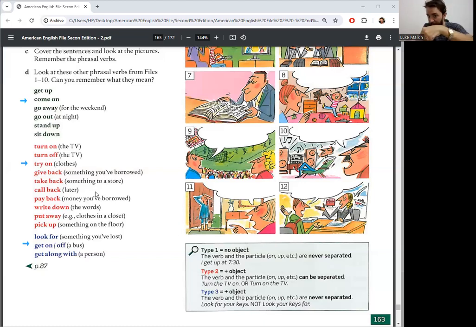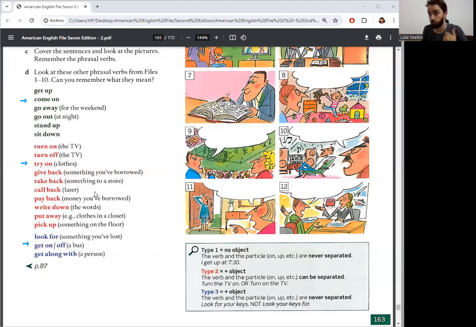To write down on your paper. Put away, to put in the correct place. Put it away. And pick up. Something is on the floor. Oh, pick up something. To look for is to look with an idea in mind. You know what you look for.